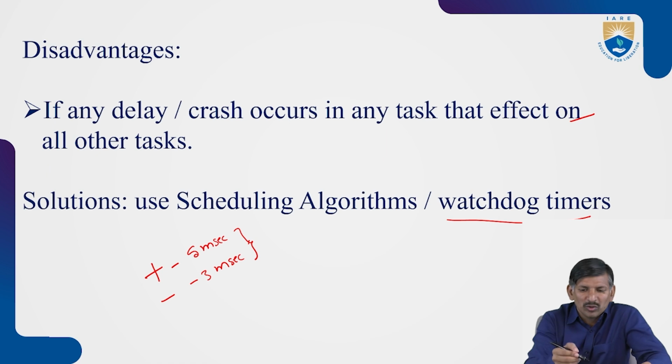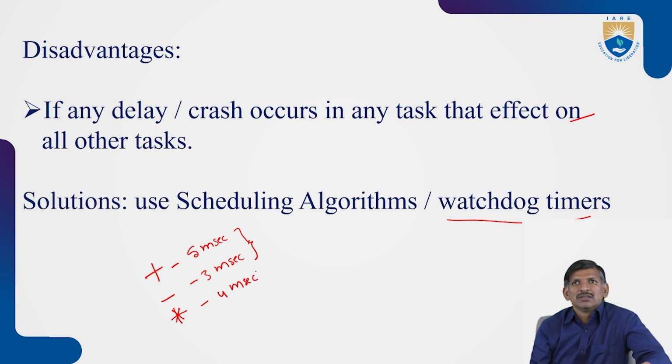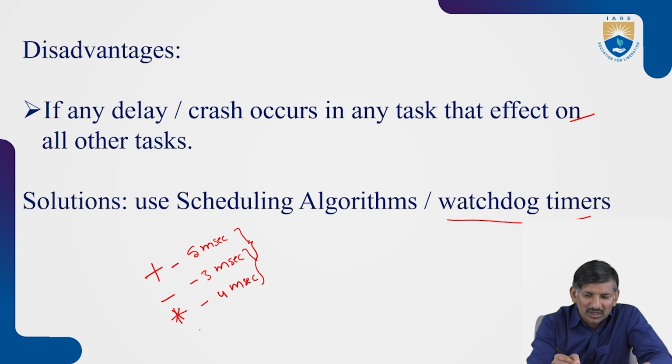Suppose I am adding one more operation, multiplication. It takes 4 milliseconds, let us consider. Then if I want to do the addition operation, I need to wait 7 milliseconds. Suppose I am adding one more operation, division, which takes 6 milliseconds, let us consider.